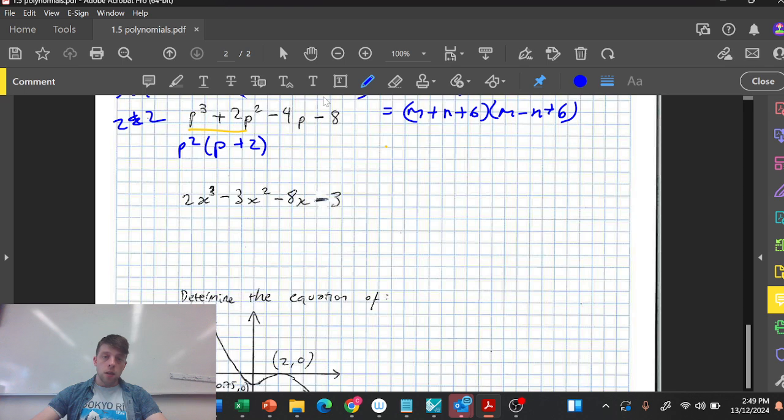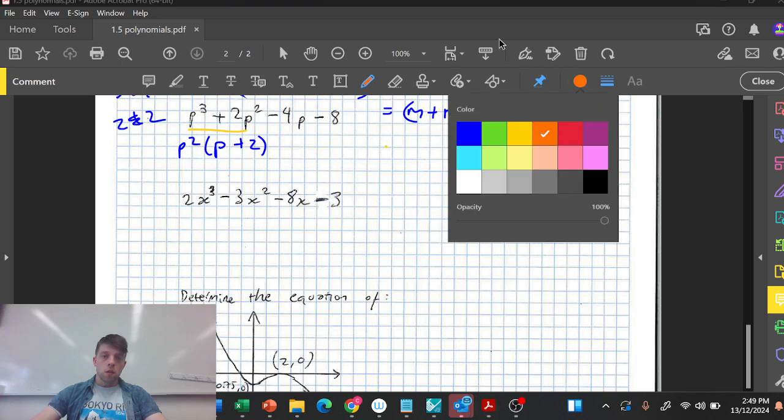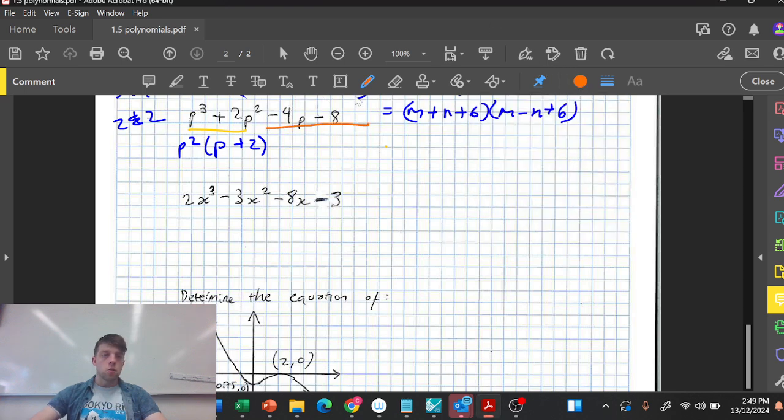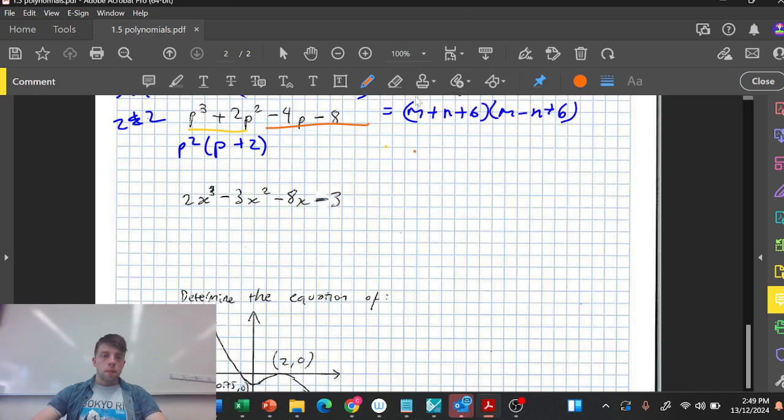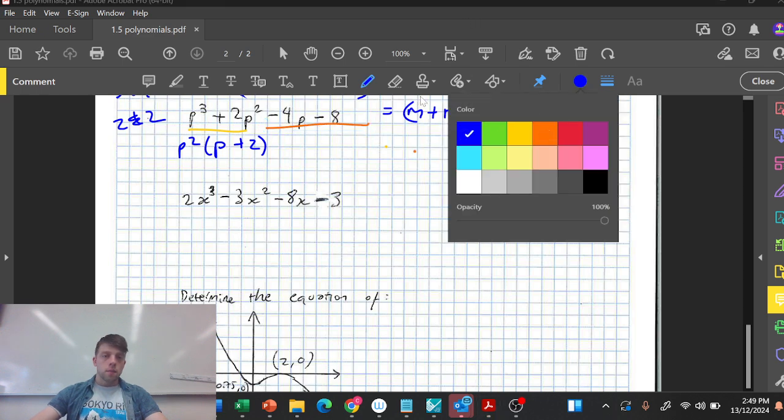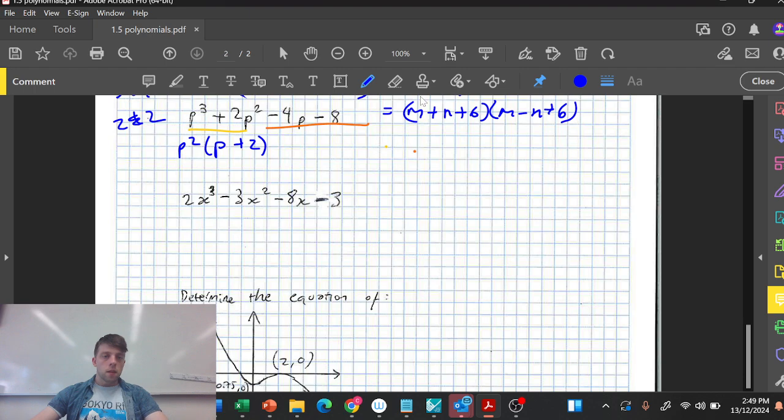All right, and for the second two terms, let's have a look at that. I want to factorize the second two terms. Notice the minus 4 comes with this term here. So I'm going to consider these two terms. We're going to take out a common factor of minus 4, because we can see that both minus 4p and minus 8 divide by minus 4.